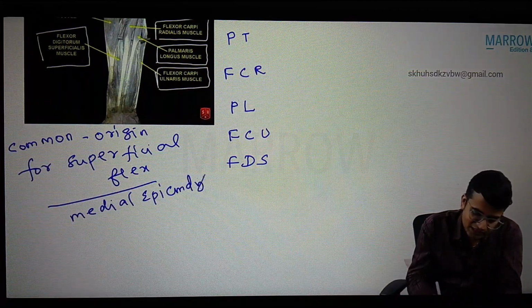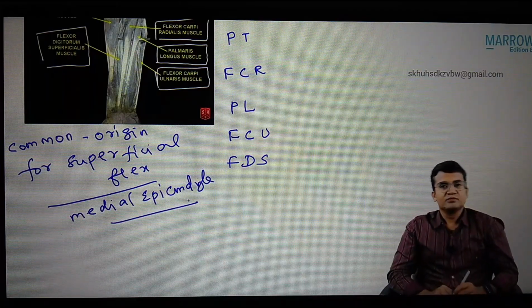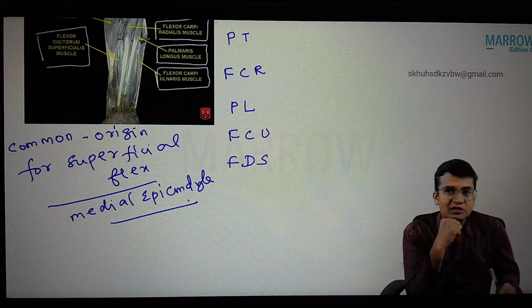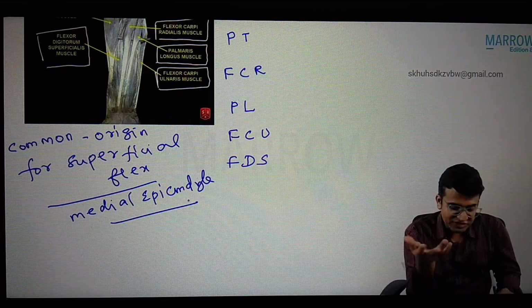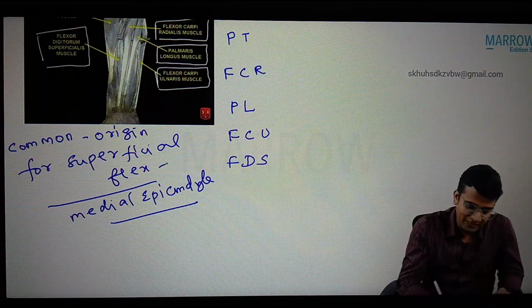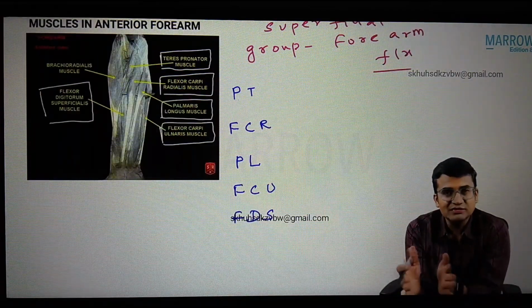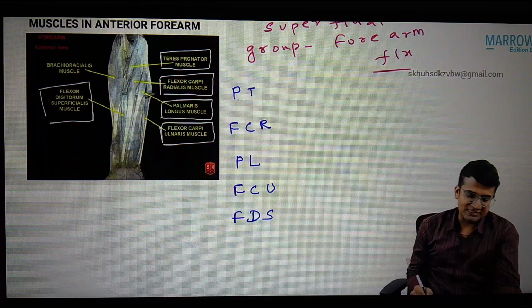I told you, the lateral epicondyle is the common origin point for the superficial extensors of the forearm. Okay, don't forget. So these are the 5 muscles in the superficial flexors.